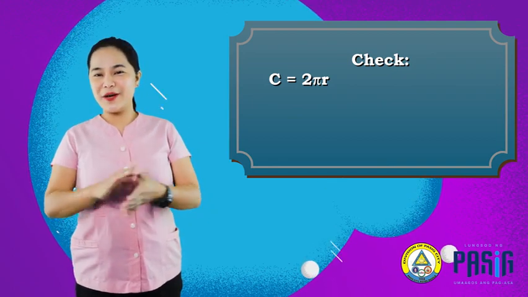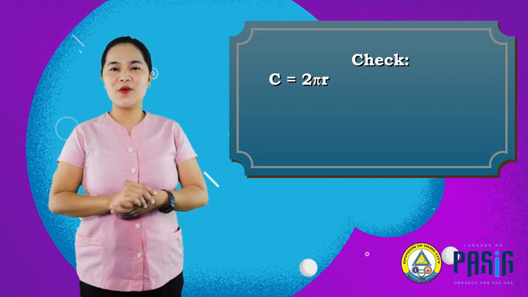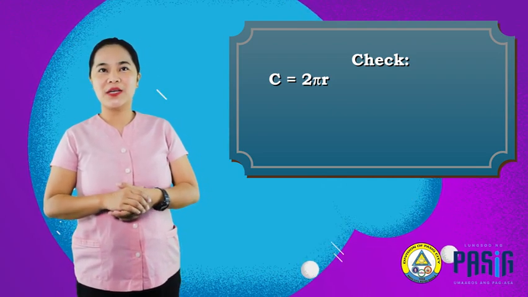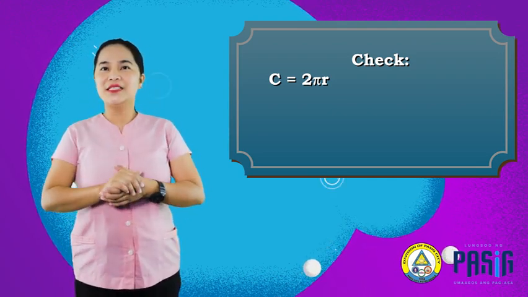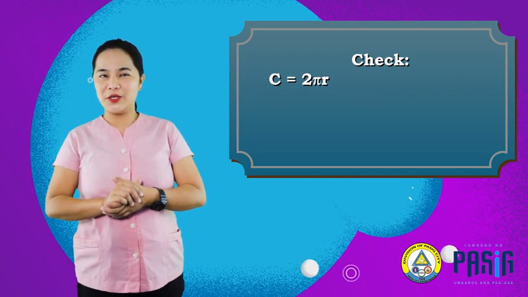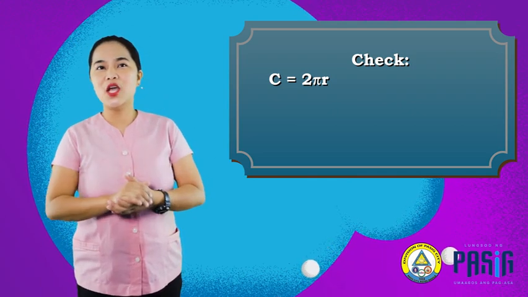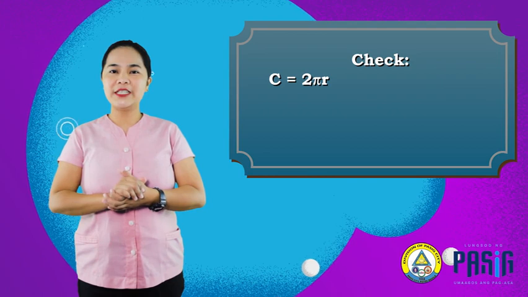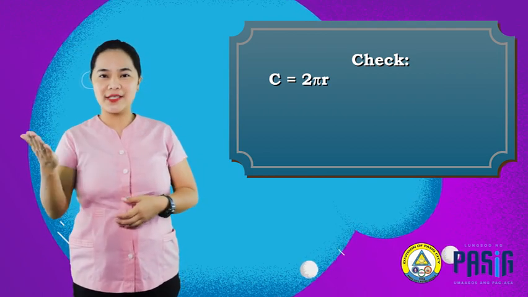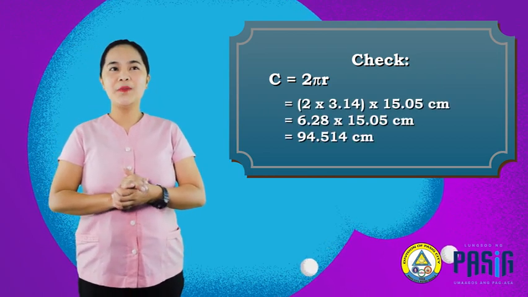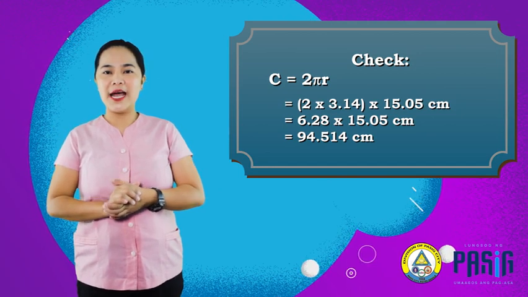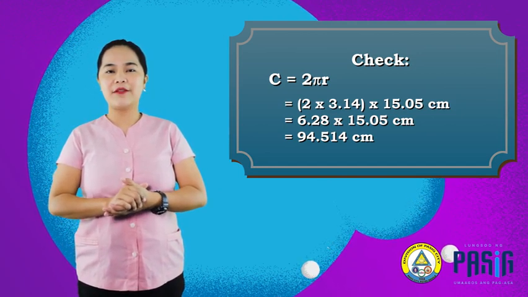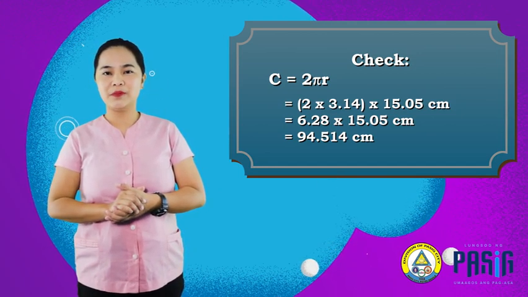We will use this formula: circumference equals 2 pi times radius. Remember, children, that radius is half of a diameter. As you can see, we have a diameter of 30 1/10 centimeters at the top. Now, 2 times 3.1400 times 15.05 centimeters.